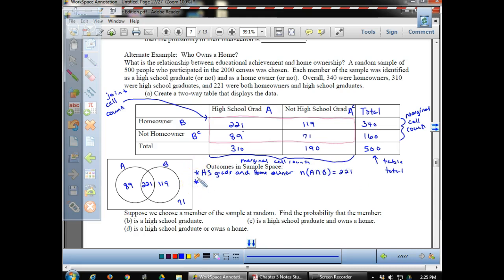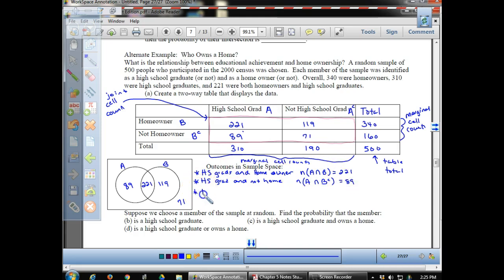Another outcome is high school grad, but not homeowner. So the number there, and I'm going to call this A and B complement, and that's going to be 89.